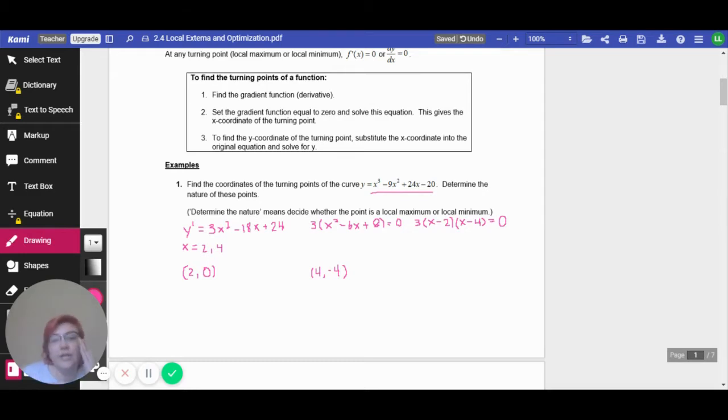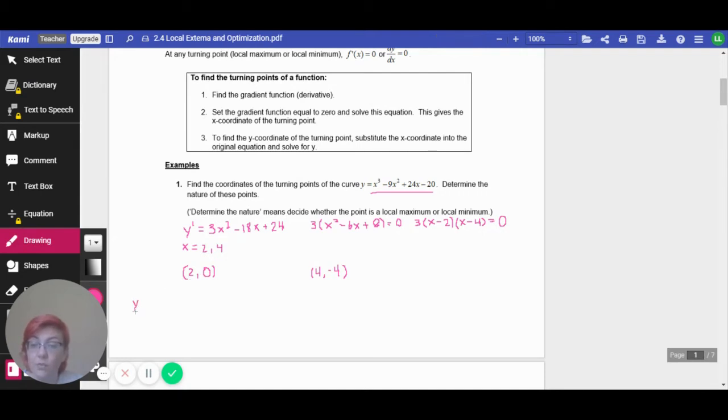So the question now is, are they a local maximum or a local minimum? So in order to find out, I'm going to find y prime of 1 and y prime of 3. And what that's going to tell me is what the function is doing on either side of 2.